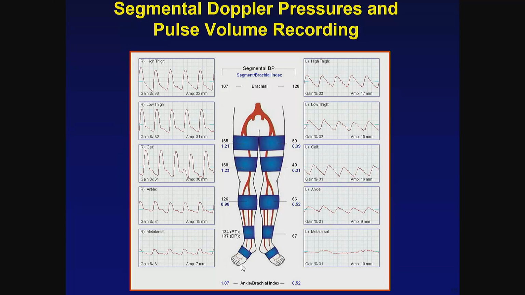In addition, pressure can be obtained in the great toe, and often this allows us to bypass the non-compressibility artifact, and normal toe brachial pressure is considered to be 0.7 or greater. In addition, the pulse volume recording also allows us to get a more graphic depiction of the arterial perfusion.